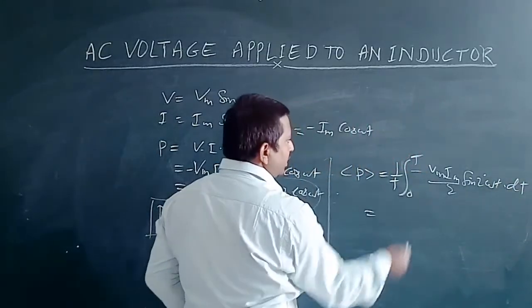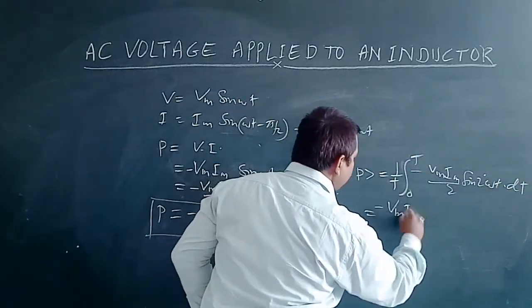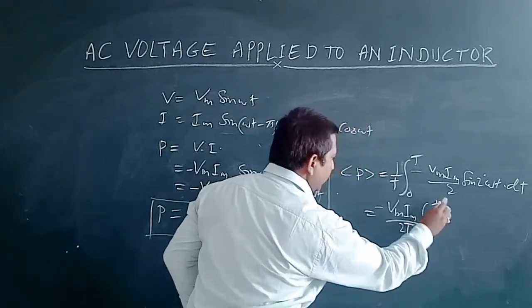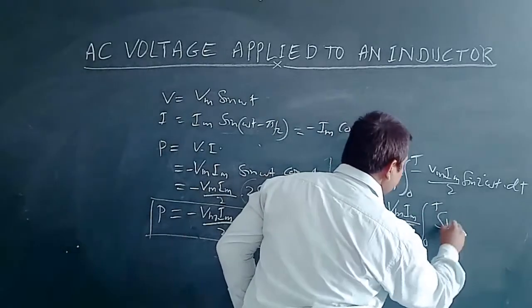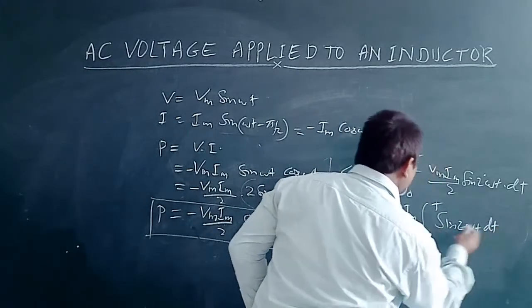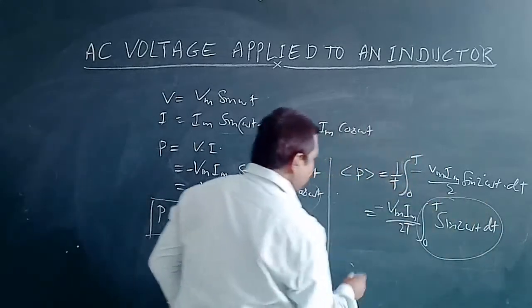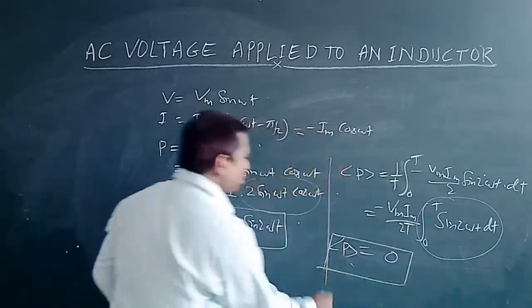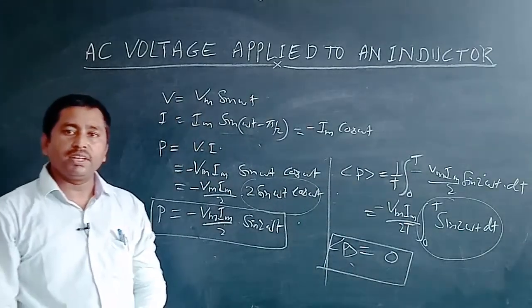From here, if minus Vm Im by 2 is taken outside the integration, then this becomes the integral of sine of twice omega t dot dt. As we know that this is equal to 0, we get the average power loss in one complete cycle across an inductor is always 0.